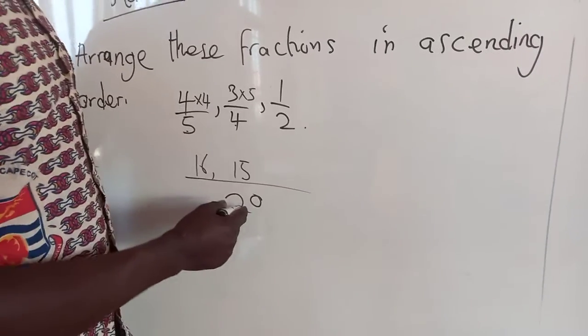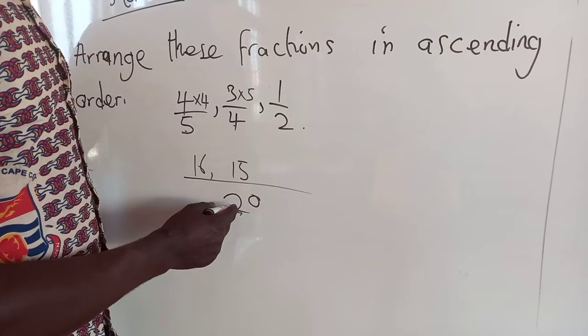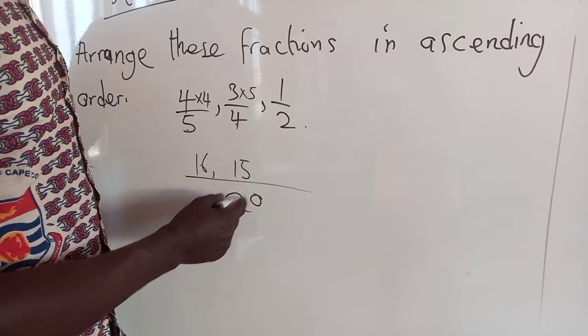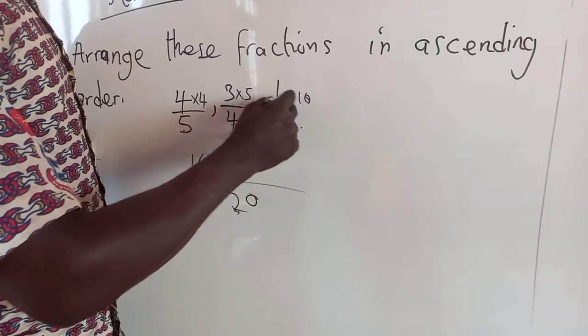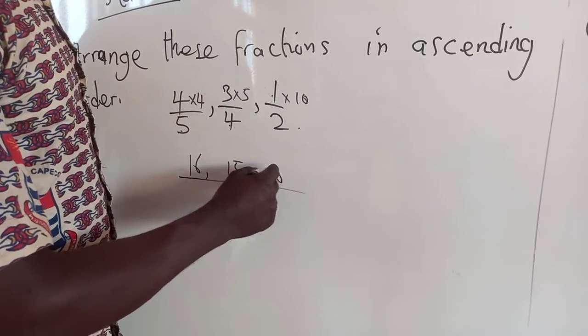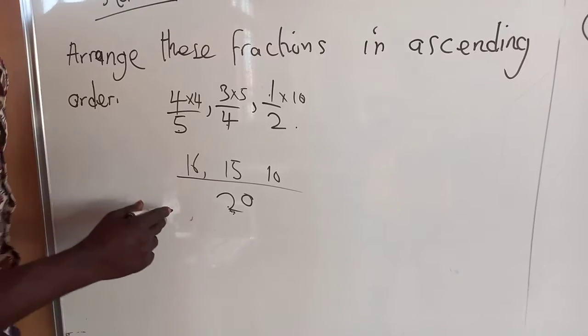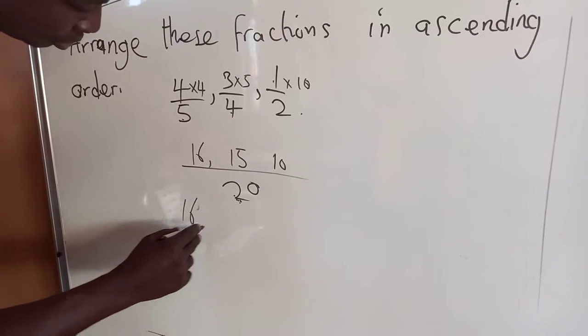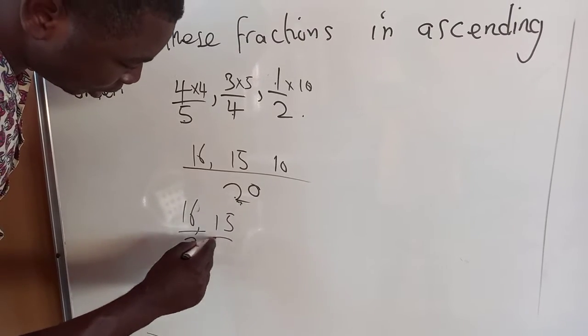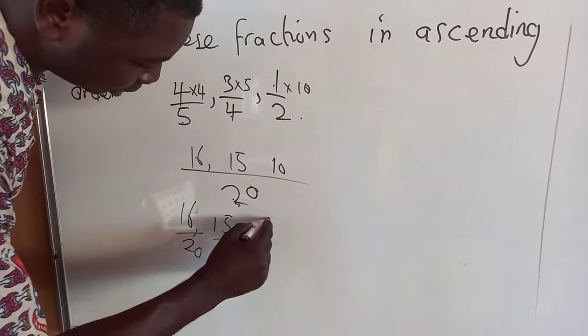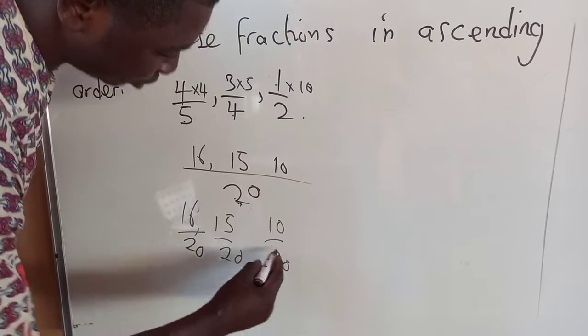Then 2 goes into 20 ten times, and 10 times 1 gives us 10. So our new fractions are 16 out of 20, 15 out of 20, and 10 out of 20.